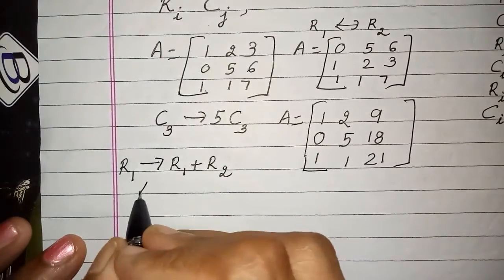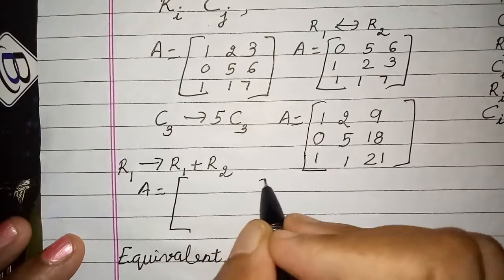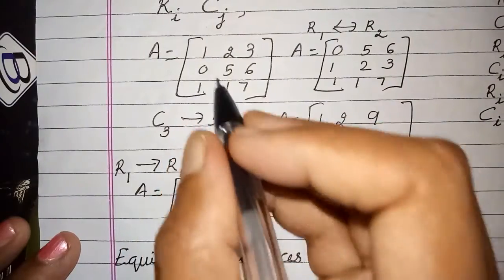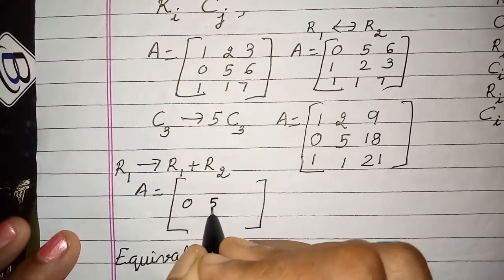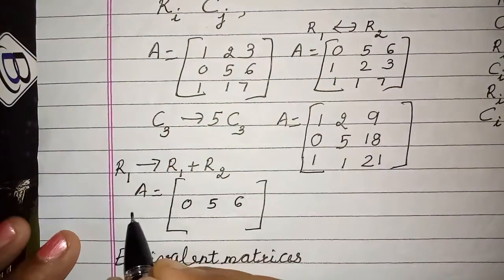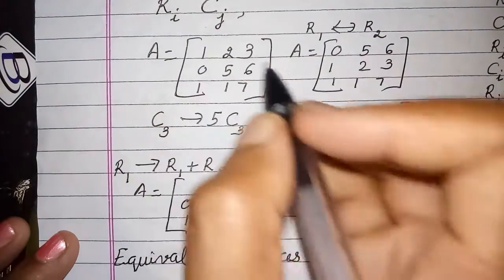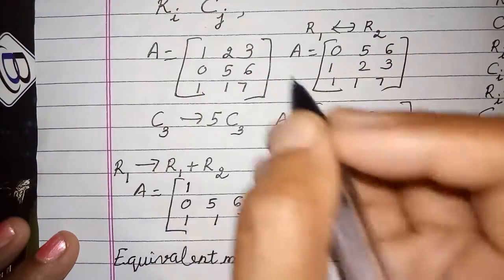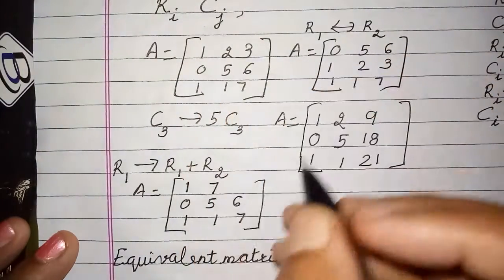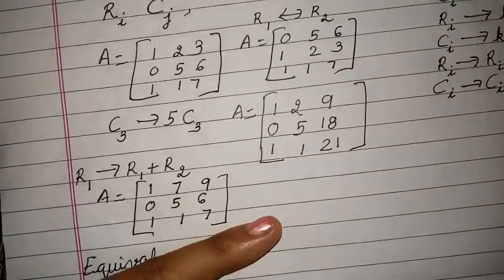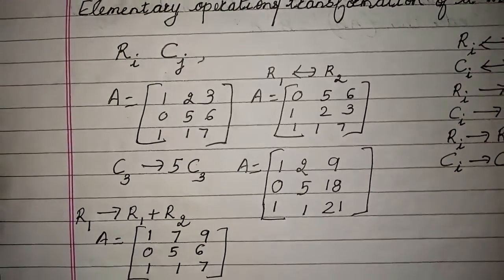Now you are making the change in row 1, so row 2 will be kept as it is, row 1 will be changed. This all happens in your original matrix A. So R1 plus R2: 1 plus 0 is 1, 2 plus 5 is 7, 3 plus 6 is 9. Is that clear?